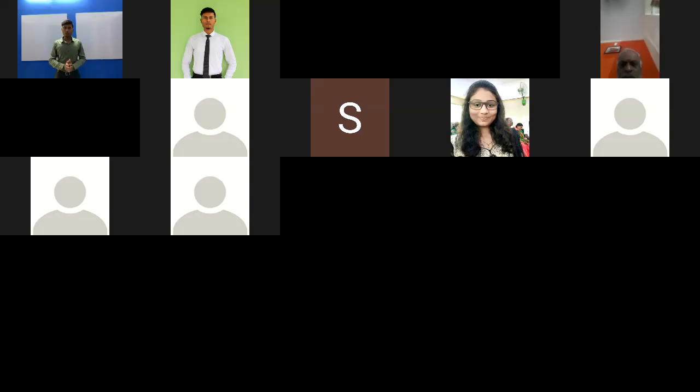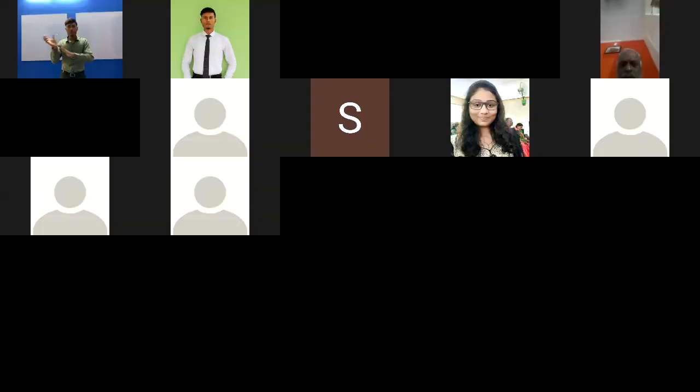Even if he receives a salary of only 50,000 or a salary of 10 lakh rupees, 50,000 is common for everyone. So if you are receiving any salary, make sure you deduct that 50,000 and then take only the remaining amount to your gross total income. You reduce that 50,000 in the head salary. So in your income tax return, in the salary head, you will reduce your 50,000 and then take the amount to your gross total income. I hope I've cleared your doubt.